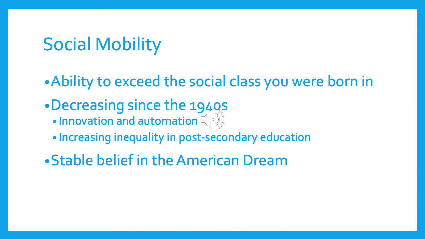People still embrace this ideal despite the fact that it's becoming less available. That is, most parents still say that they work hard so that their children can do better than they did. And most young adults still say that they expect to do better than their parents did economically.